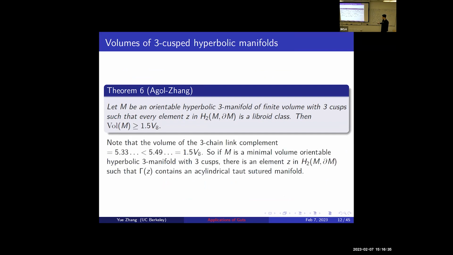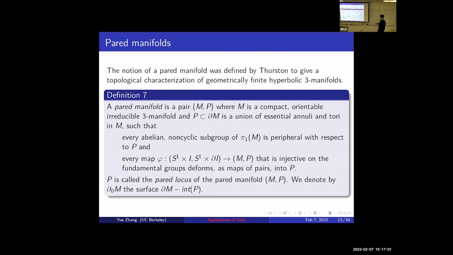And when you do the calculation, you find that 1.5 V8 is larger than the volume of the 3-chain link complement. So we rule out a huge portion of the cases. And now we only need to consider the remaining case, which is that there is an element Z such that the guts of Z contains an acylindrical sutured manifold.